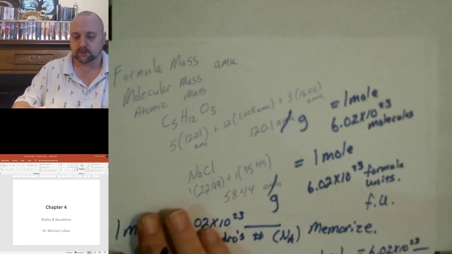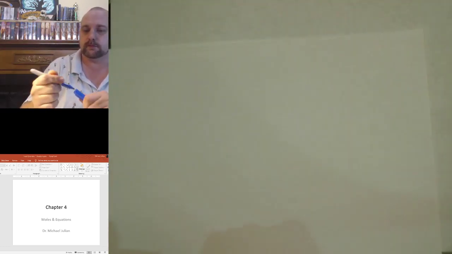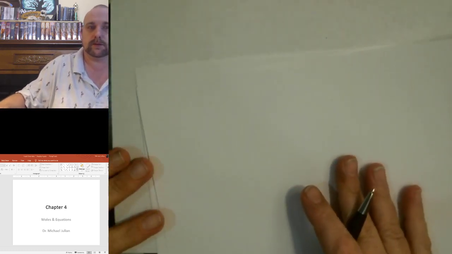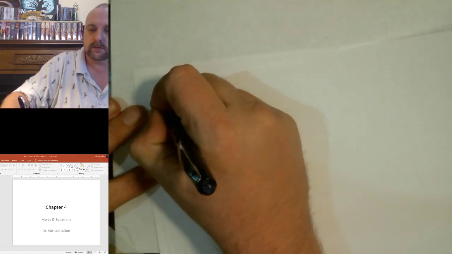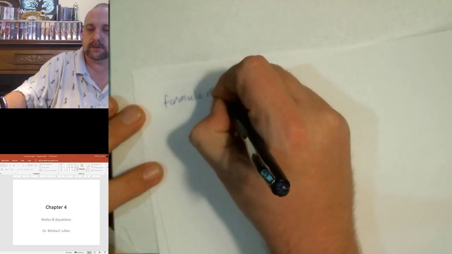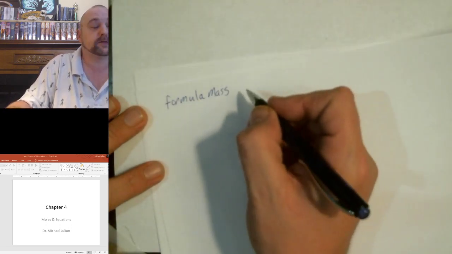Okay. So what that's done for us is set us up with a couple of conversion factors. We've now, looking at my list, got formula mass, molecular mass. Those are all nice. We'll ask some questions.